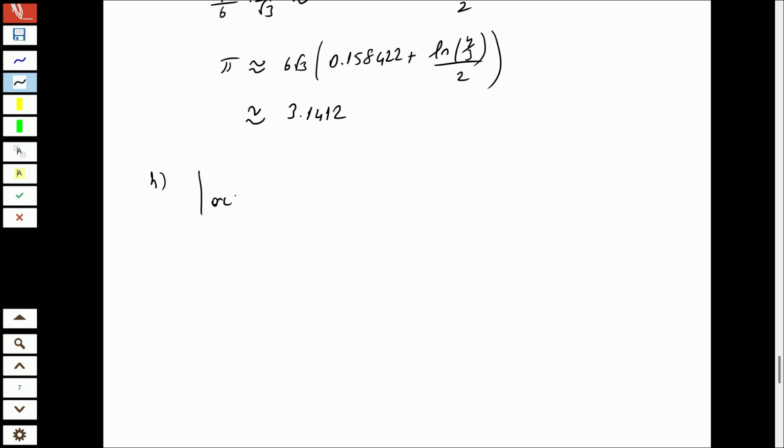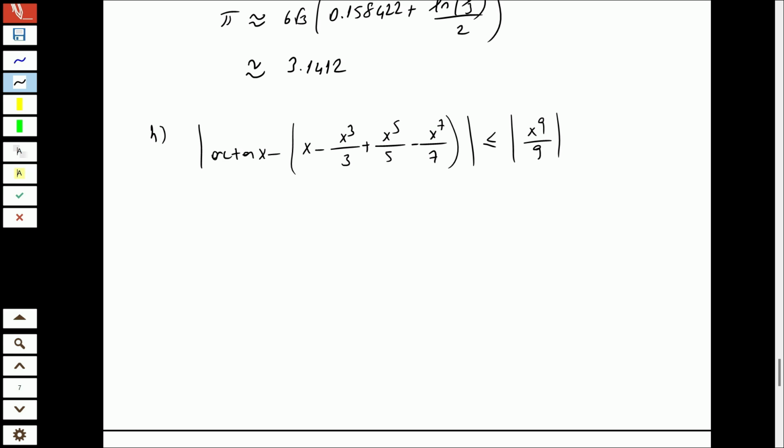I will write arctangent x minus the first four terms, x minus x to the power of 3 divided by 3 plus x to the power of 5 divided by 5 minus x to the power of 7 divided by 7. Okay, it will be less than or equal to x to the power of 9 divided by 9.